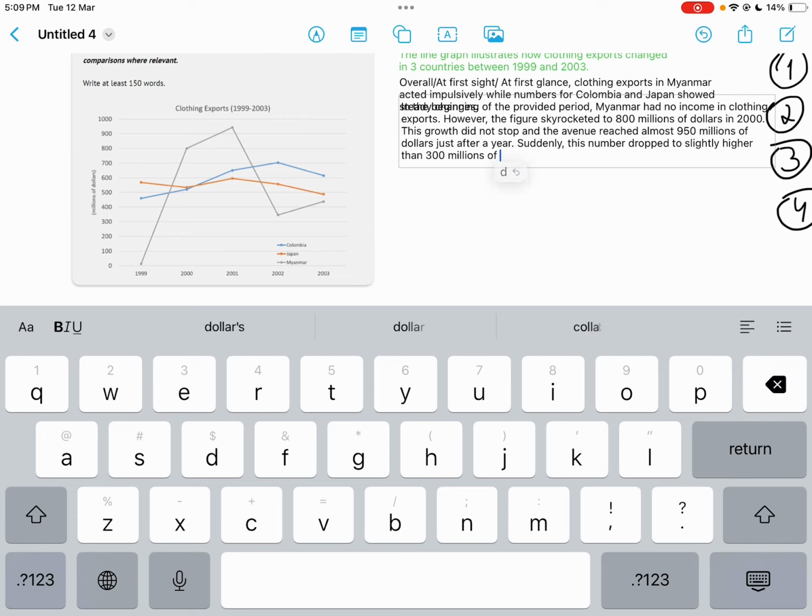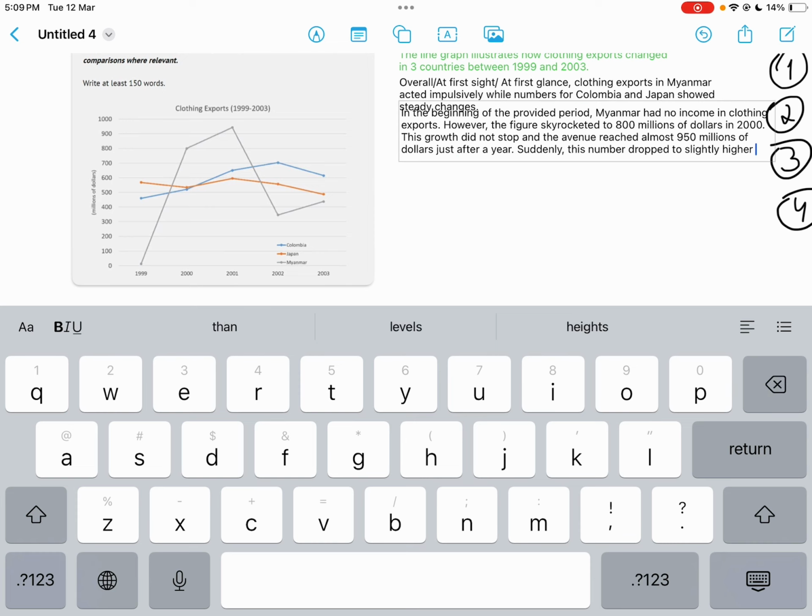Or let's just write, so I don't have to write about every year, so I don't want to waste my time and also words, I can just write this number began to plunge. Plunge means to drop.